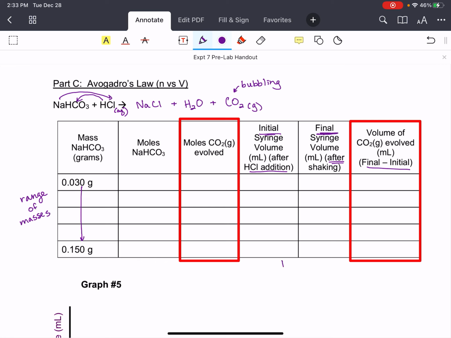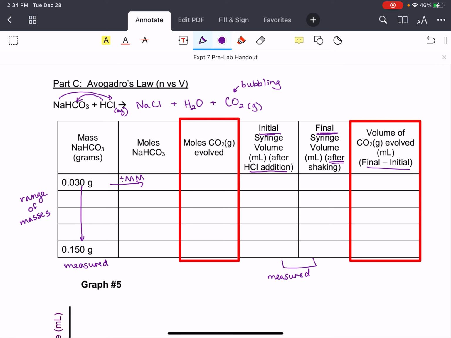So these will be measured in the experiment, as well as the mass. Everything else will be calculated. So we'll calculate moles of sodium bicarbonate by converting grams to moles using the molar mass. So we'll divide by the molar mass of sodium bicarbonate for each one. So we'll do that down the line.